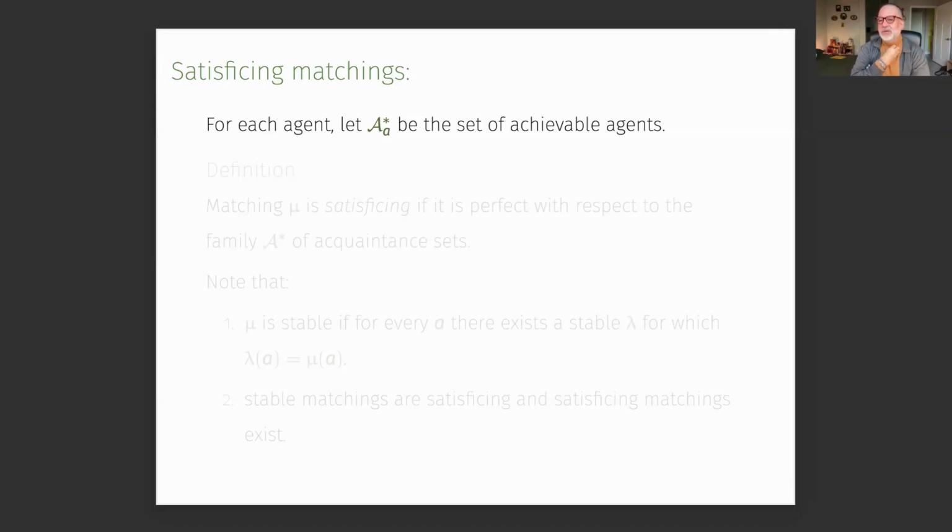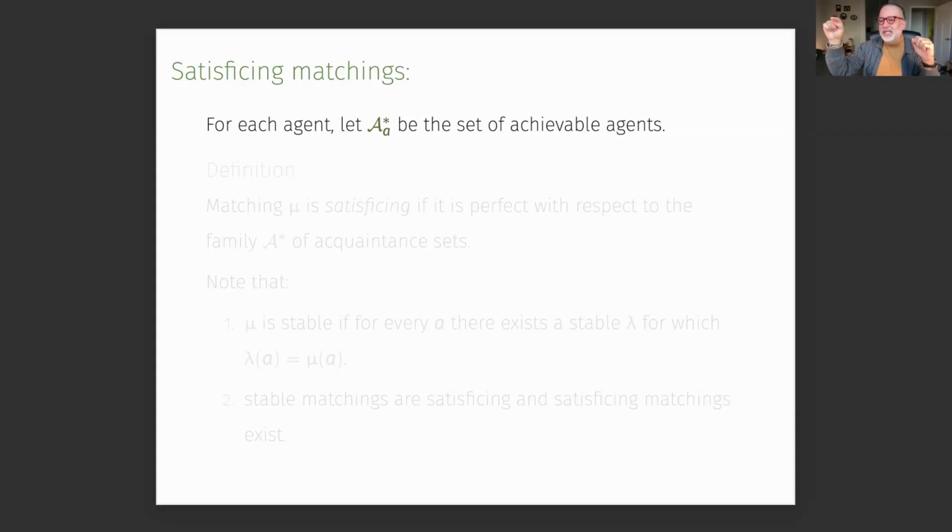Okay, so we'll imagine that we look at the set of all possible stable matchings. We look at the set of all possible achievable pairs. I take each agent A and I look at all the agents of the other gender with whom agent A is matched at some stable matching.